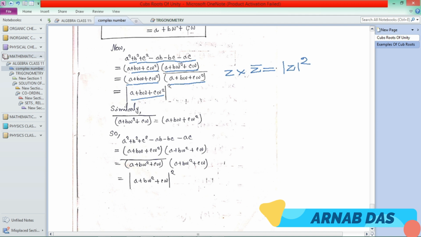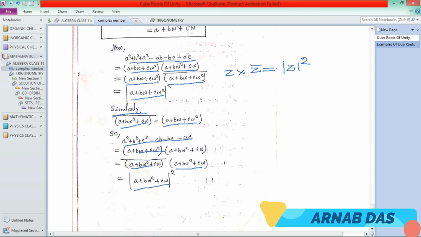Similarly, the bar of a plus b omega square plus c omega equals a plus b omega plus c omega square. So a square plus b square plus c square minus ab minus bc minus ac equals this, and this equals the bar of a plus b omega square plus c omega into a plus b omega square plus c omega. So this is equal to this.